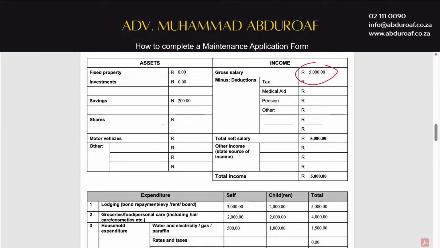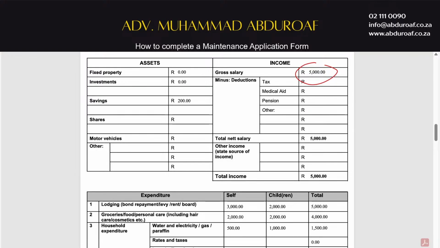It is therefore very important that when you complete this specific section of the application form, you should ensure that it makes logical sense and it is truthful. The reason why I'm saying so is that once this matter goes to court and there is a dispute, the other party disputes certain expenditure, you will obviously now have to explain how you came about those amounts.